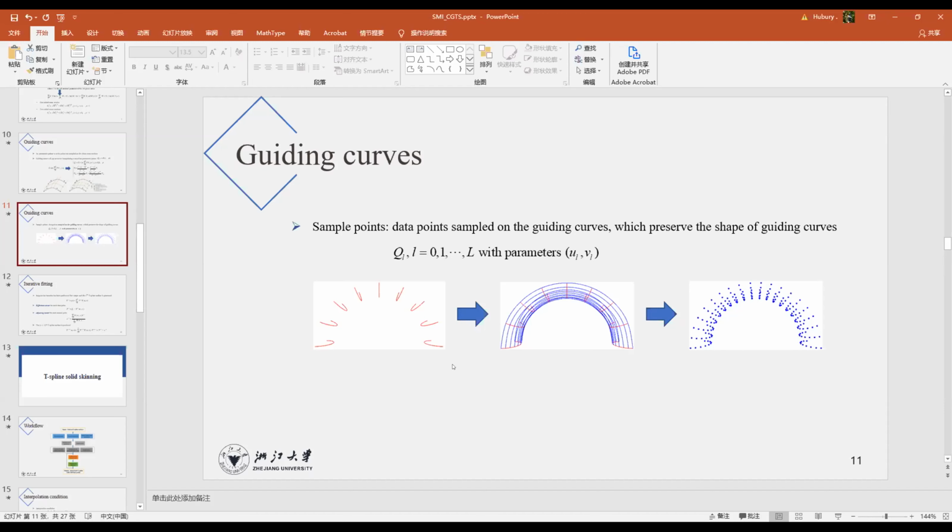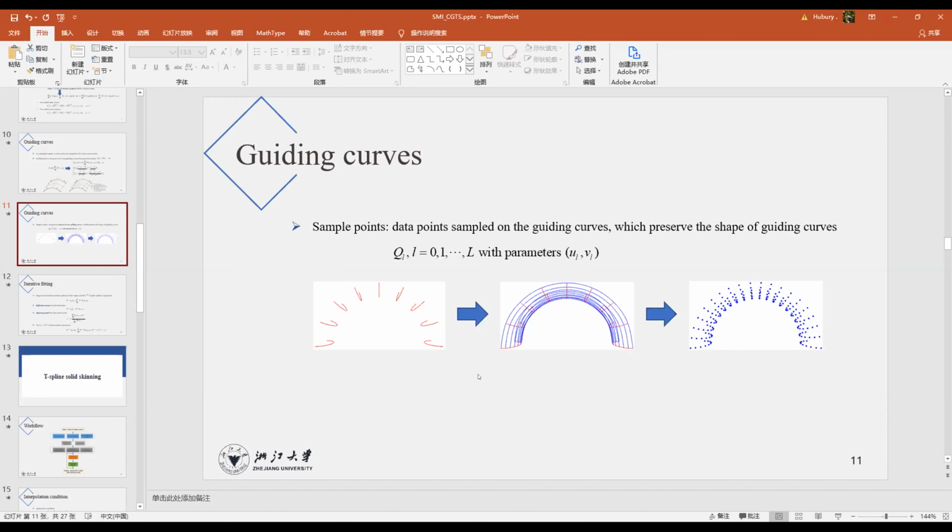Maybe we only consider using the B-spline to fit the points. We do not consider the sharp features and others. So this might be a shortcoming of this method.